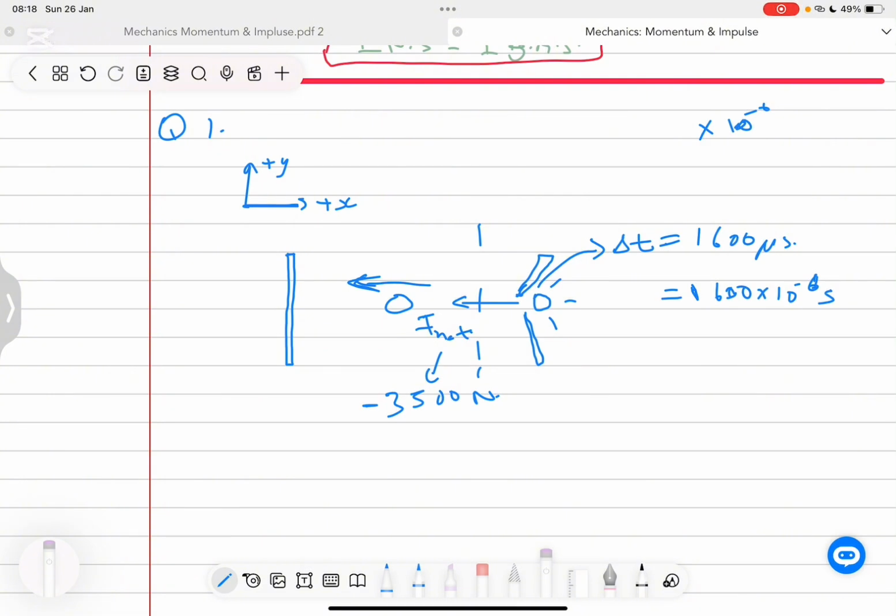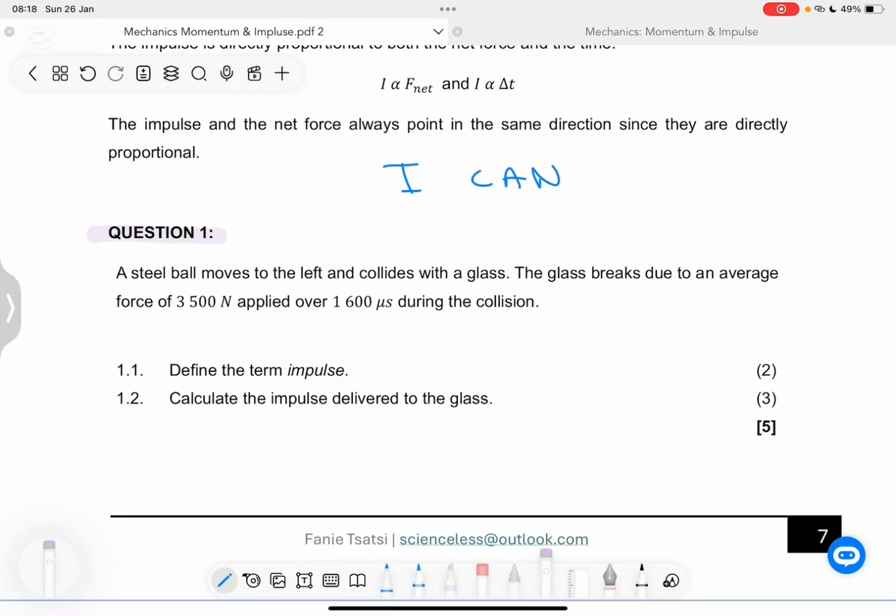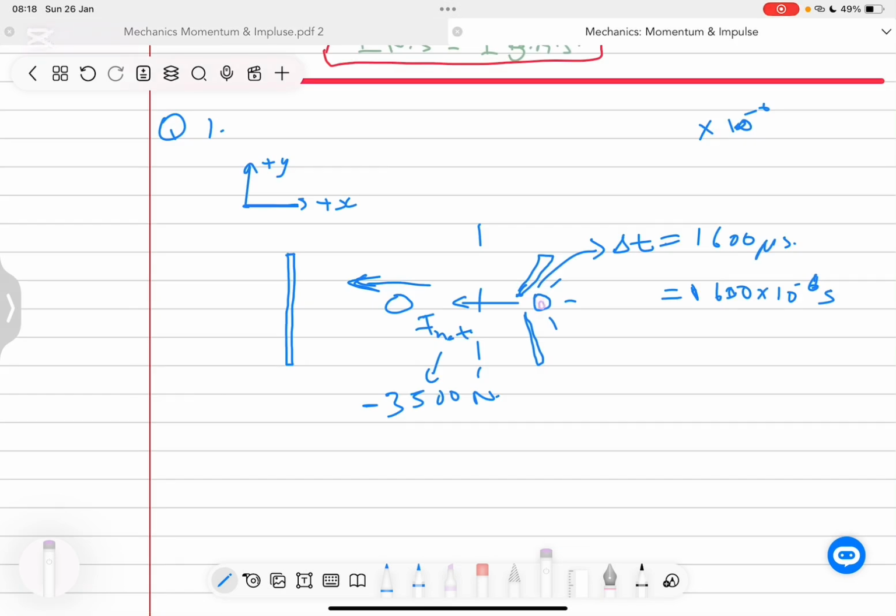When I was explaining this, it should ring a bell from the previous lesson that this relates to impulse, because we are exerting a force over a period of time, and this force is an average force. An average force would be an average of the different varying forces that the ball exerts on the glass.